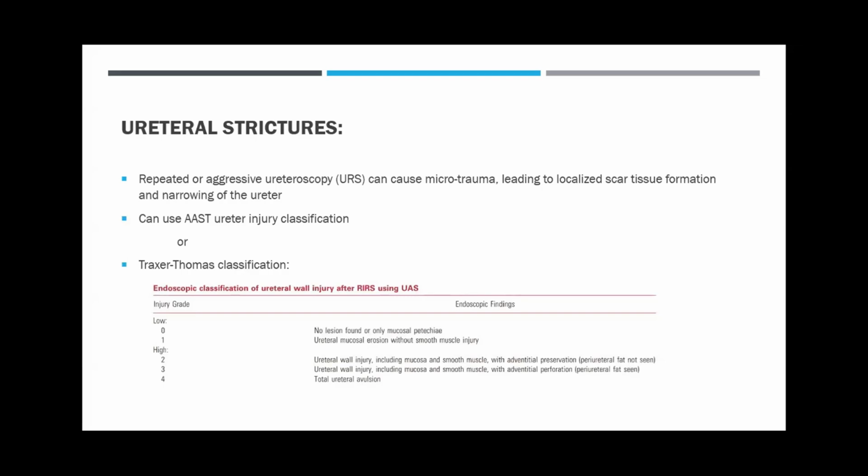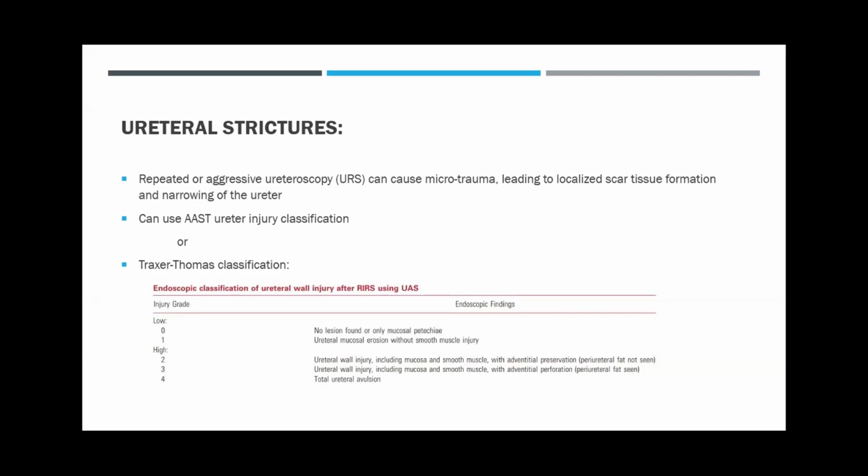And we can use the AAST, American Association for the Surgery of Trauma, grading classification, or we can use Traxer's classification to classify the injury of the ureter. And according to that classification, it can be a low-grade injury, which doesn't need intervention.